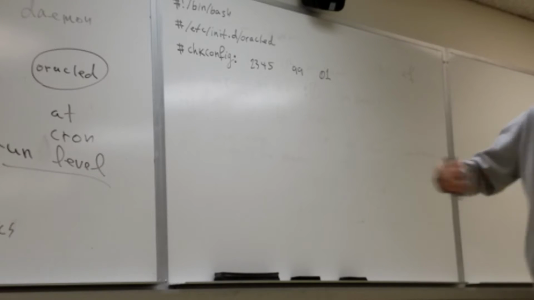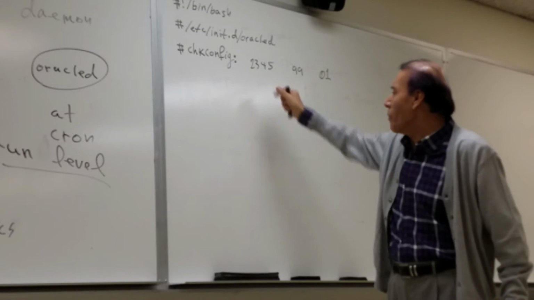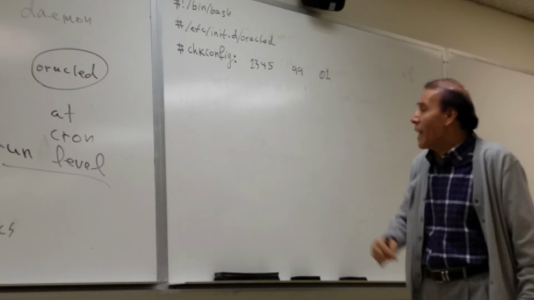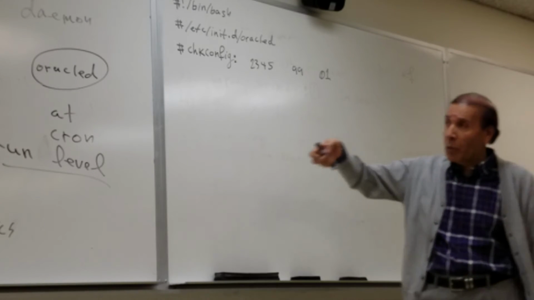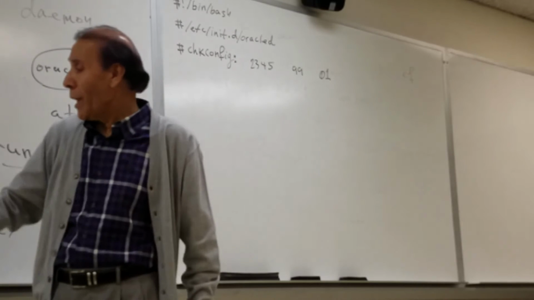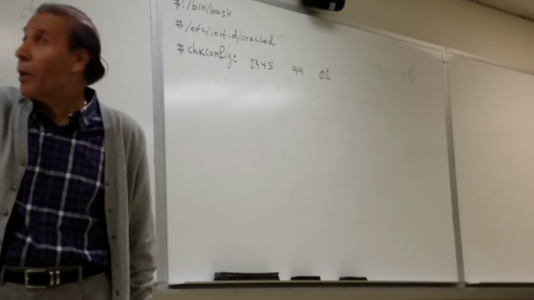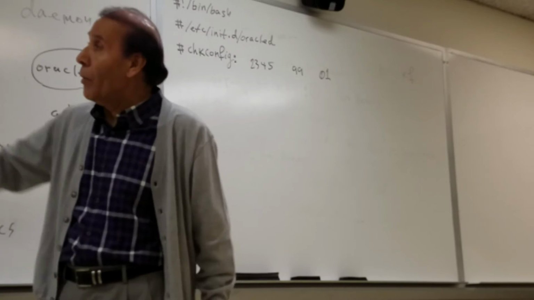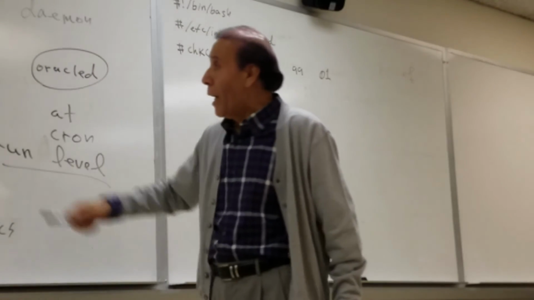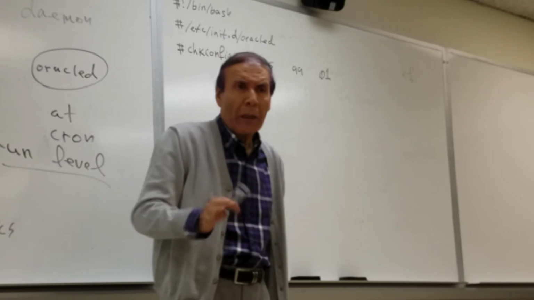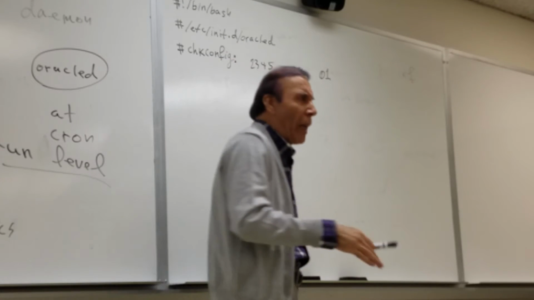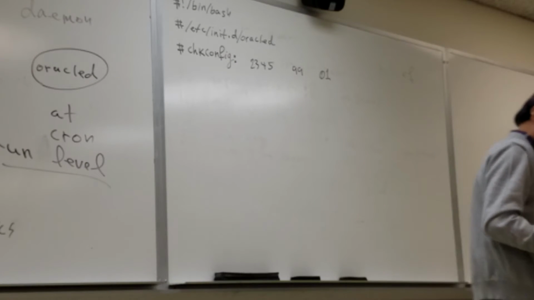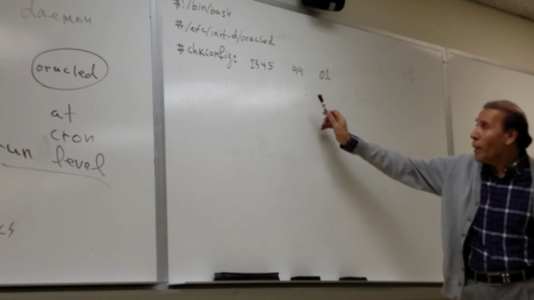But this is the way that normally we do. 2, 3, 4, 5 up, and 0, 1, and 6 down. In 0, halt, it should be down. In 6, it should be reboot. And in 1, single user, I told you in single user normally daemons are not active. Okay? Fair enough. Now, what is 99?